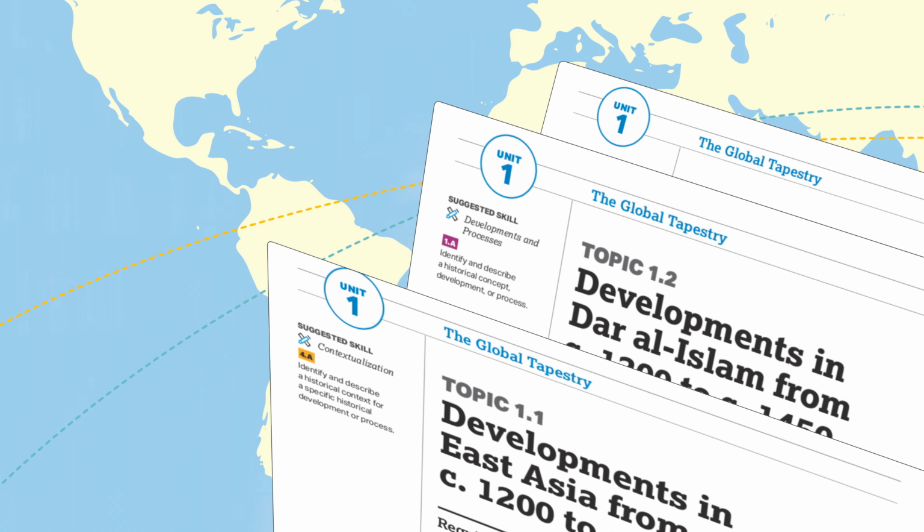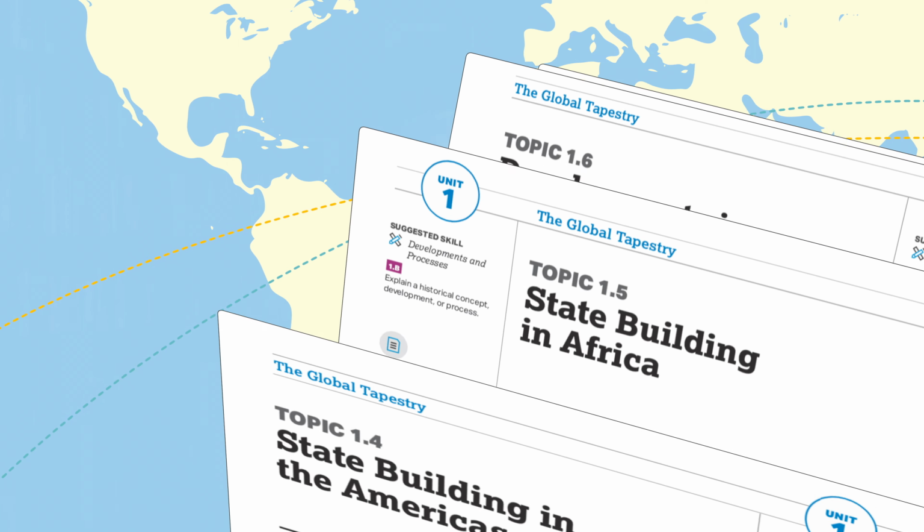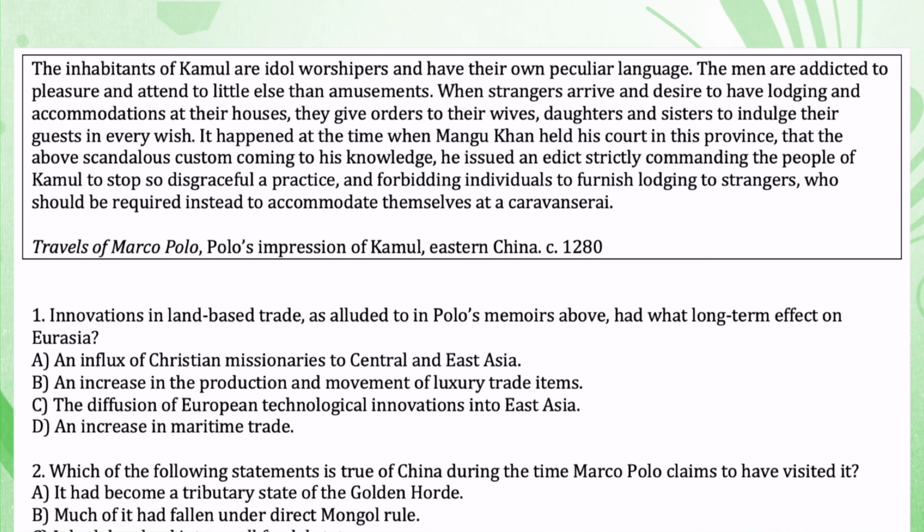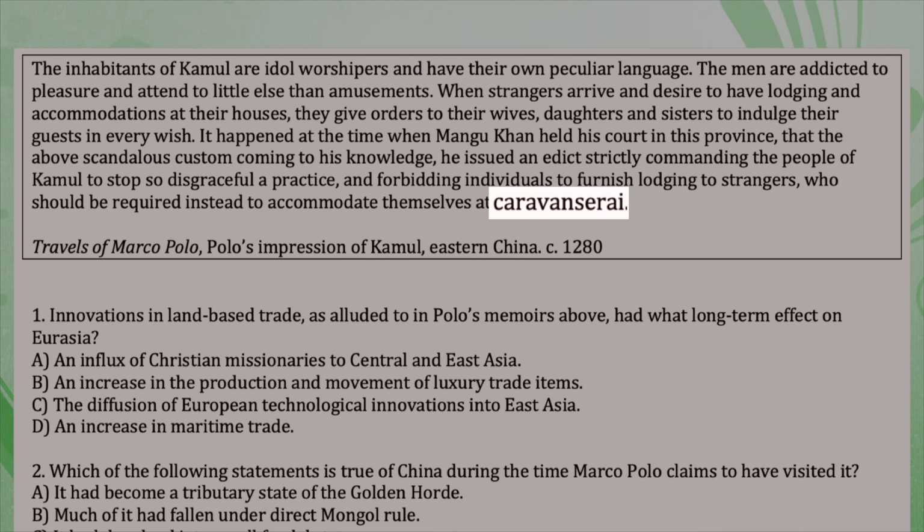Speaking of tests, I might add that this way of studying and reviewing the content parallels how the AP exam is created. The writers of the test are actually looking at the same things you have here. Questions come in sets, where you have to read a text or look at an image and answer questions related to it. In this example, Marco Polo is complaining about the household culture of people living in Central Asia, and he recommends that people simply stay in a caravanserai.